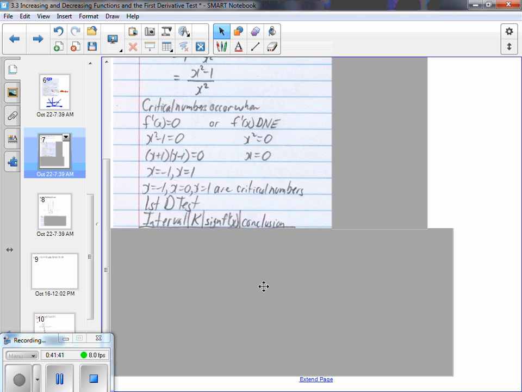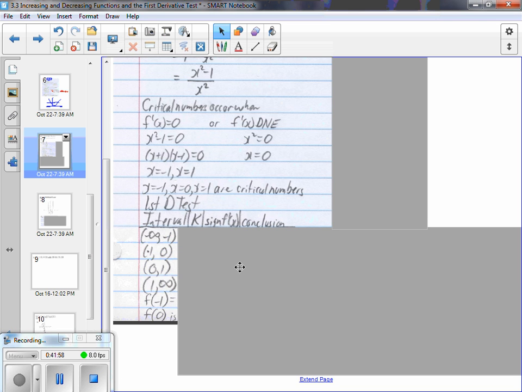As long as we're dealing with no closed intervals, they don't give us an artificial left boundary, you always start at negative infinity. So our first interval will be from negative infinity to negative 1. Then we'll go from negative 1 to 0, and then from 0 to 1, and then from 1 to infinity.